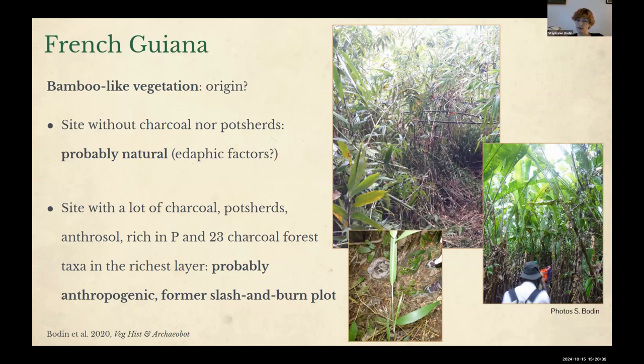But the fact that we have a mix of 23 different taxa on the same spot, plus the other characteristics of the site, made us think that probably this bamboo-like patch was anthropogenic. Maybe it was a former slash and burn plot because of the enrichment of the soil and of this accumulation of different taxa on the same spot, like in a slash and burn field.